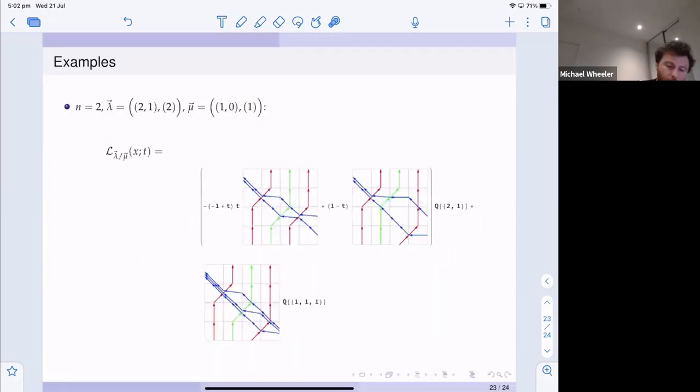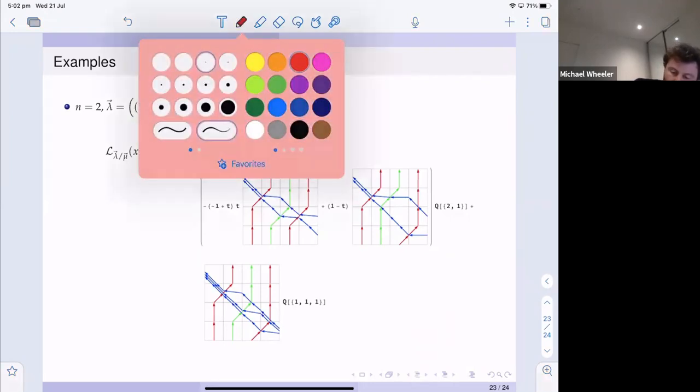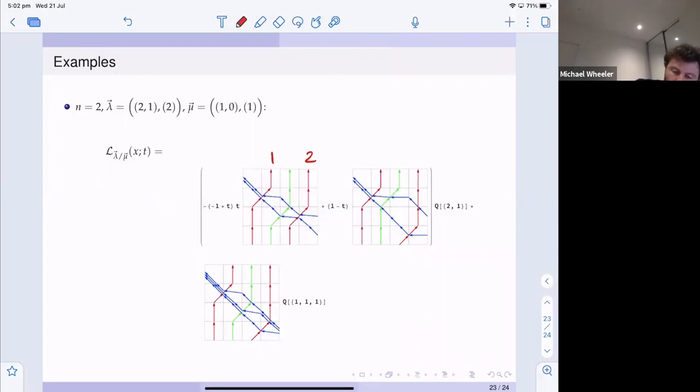So here, this is a two-dimensional one. The red and the green lines represent these partitions here. Let's maybe have a look at this particular one. So here, the red lines will represent this partition 2, 1. This is the Maya diagram for 2, 1 here, and then the green will represent the second.